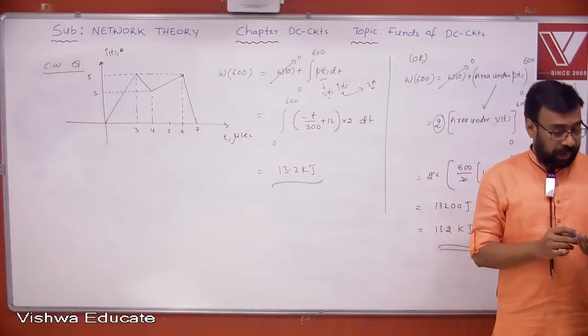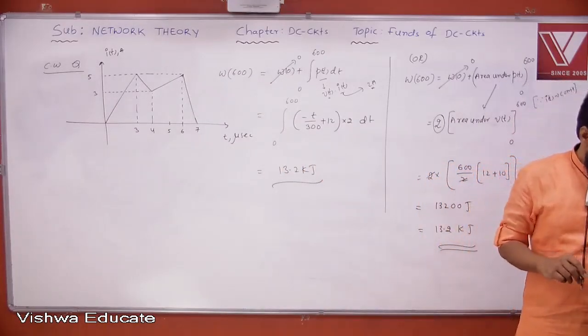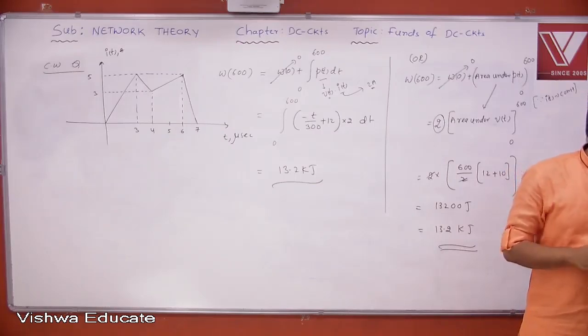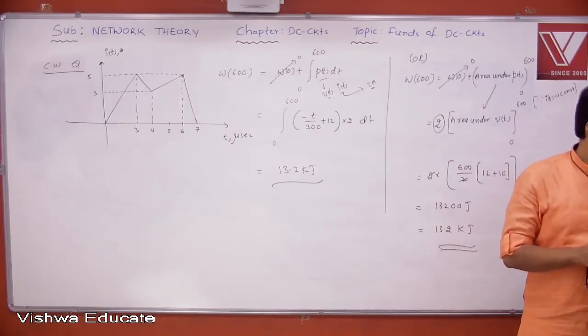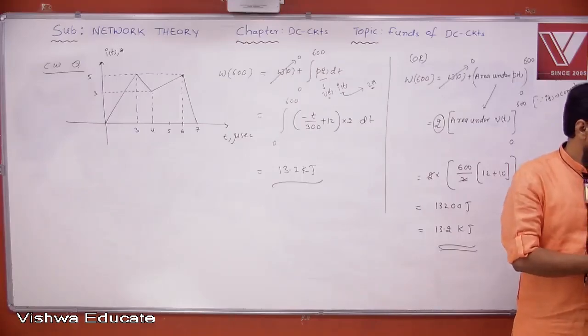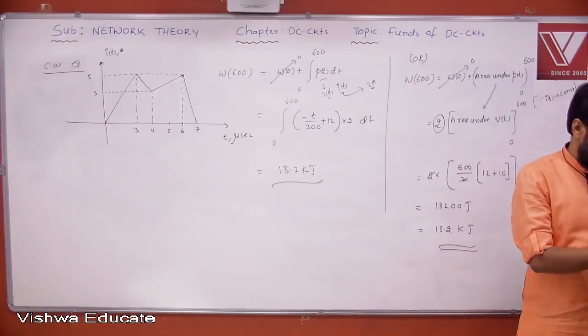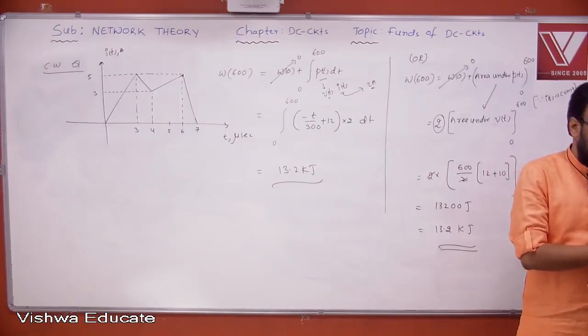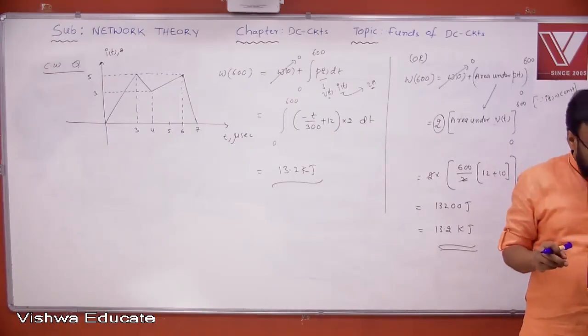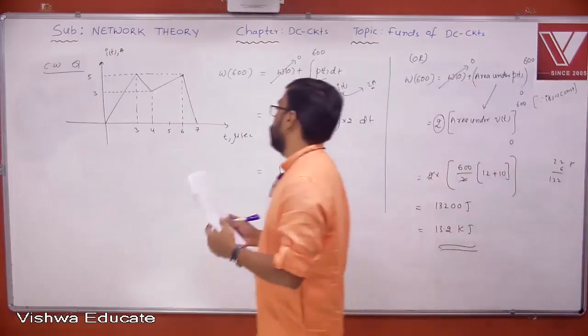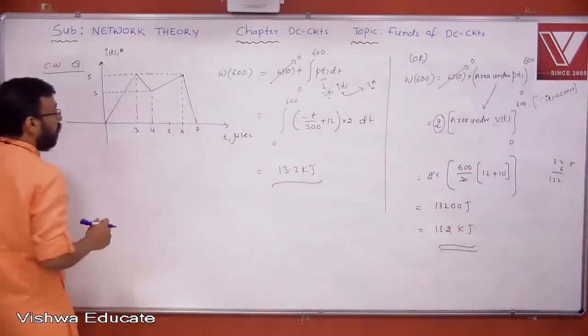Now let us try to find the charge acquired in microcoulomb by the capacitor after 5 microseconds. I think all of you understand that question clearly. Look at this, all of you.